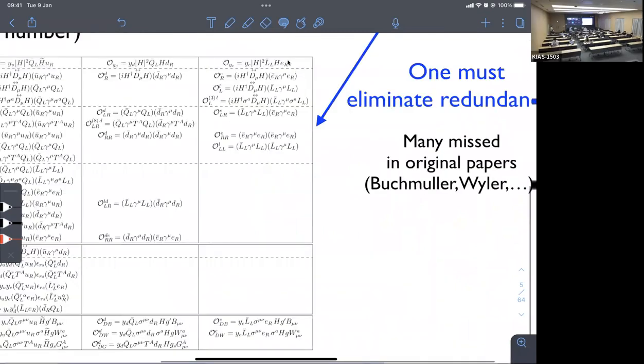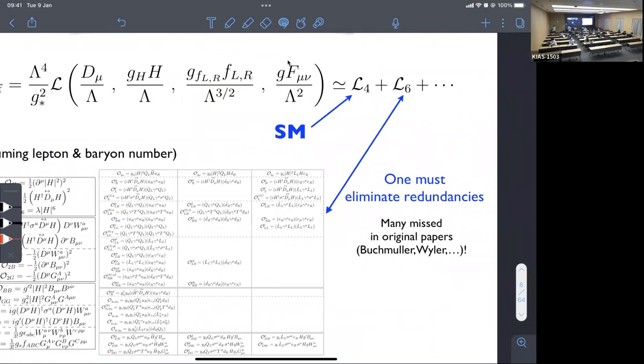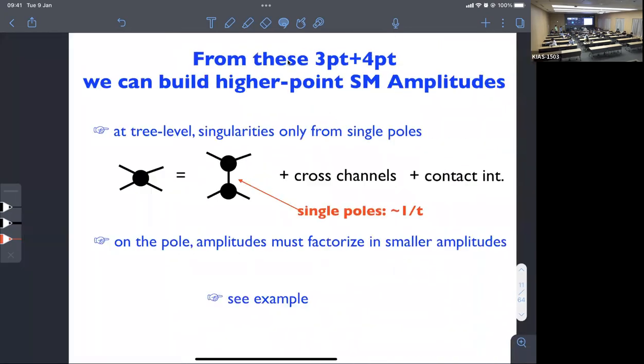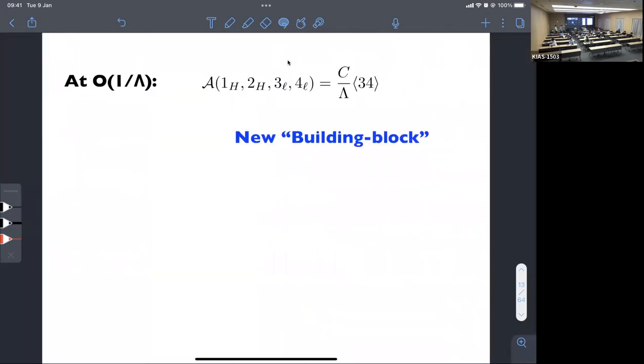Any other questions? Let me ask one question. Here you assume the massless state for weak gauge bosons and standard model fermions.